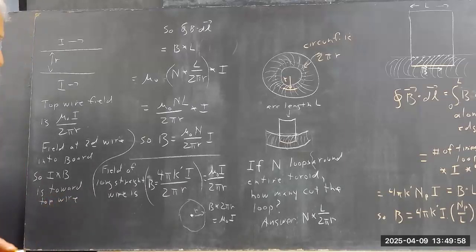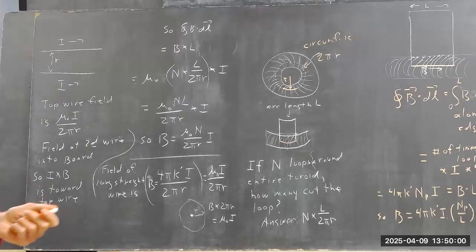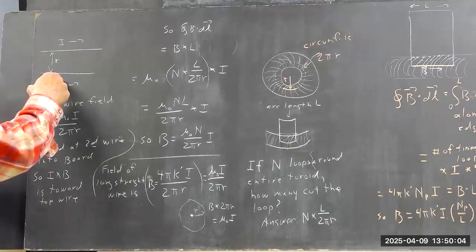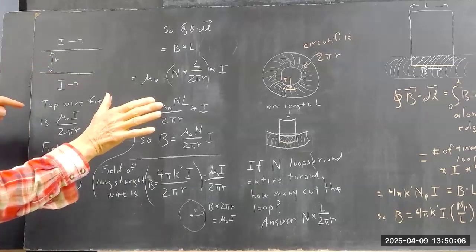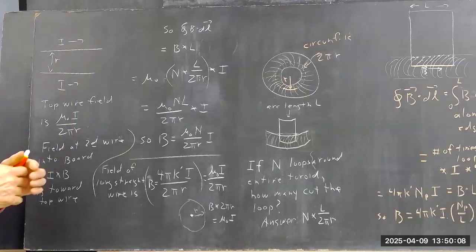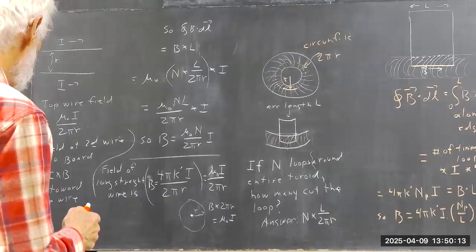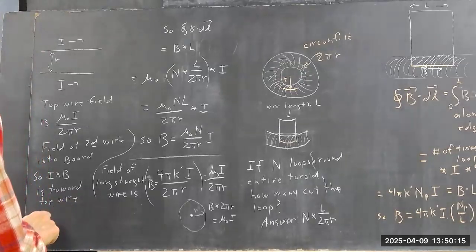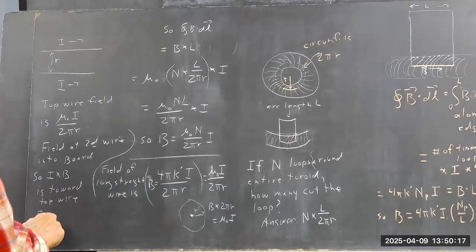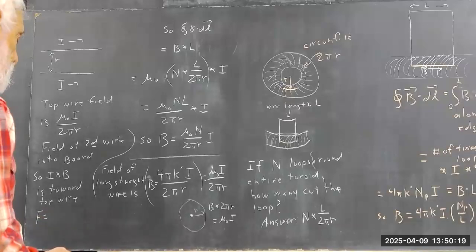Now I'm just going to do it with my fingers. It's fairly easy to understand. You just reason it out. You've got field here, current cross field there. What's the force?